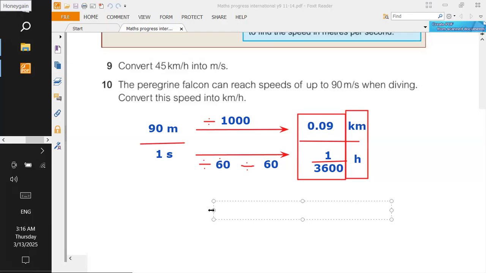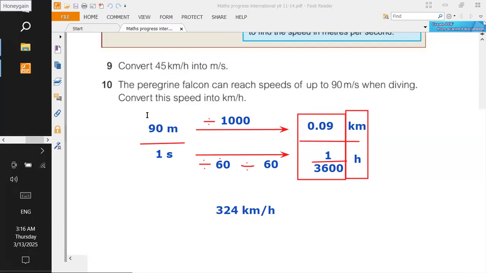And the final answer that it gave me is 324. So I'm gonna write it here: 324. And the unit is kilometers per hour, like this.